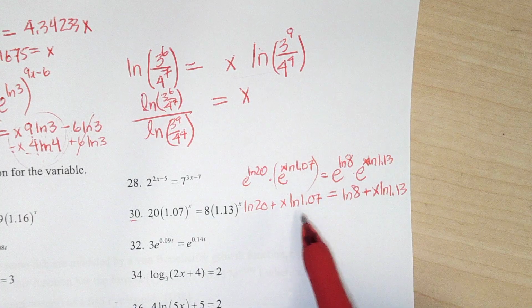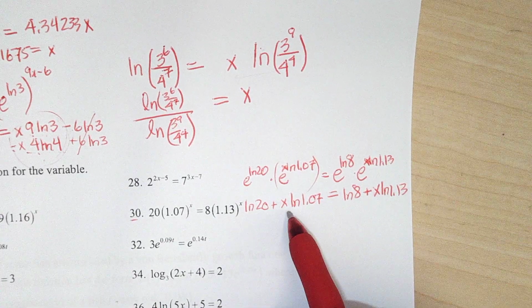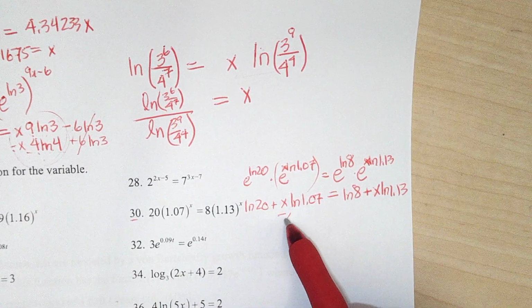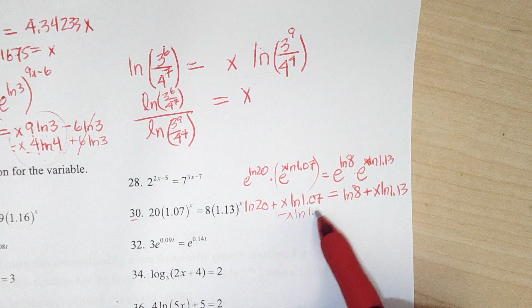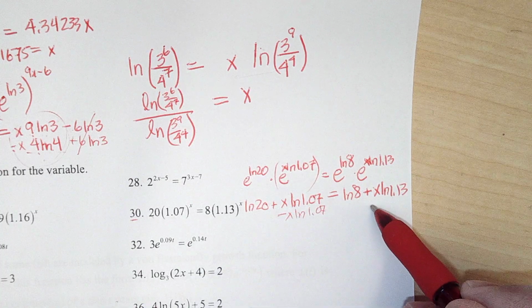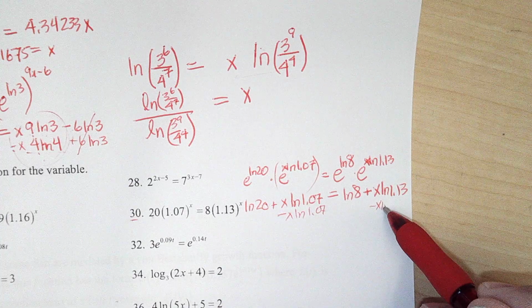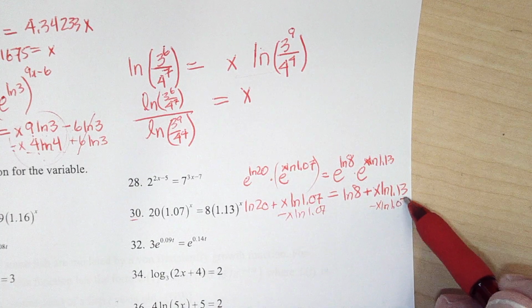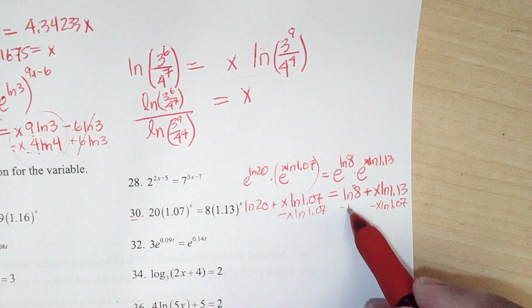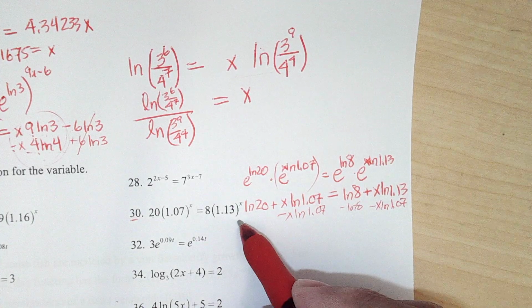Now let's figure out x. So we'll subtract this from both sides, and we'll subtract ln 8 from both sides.